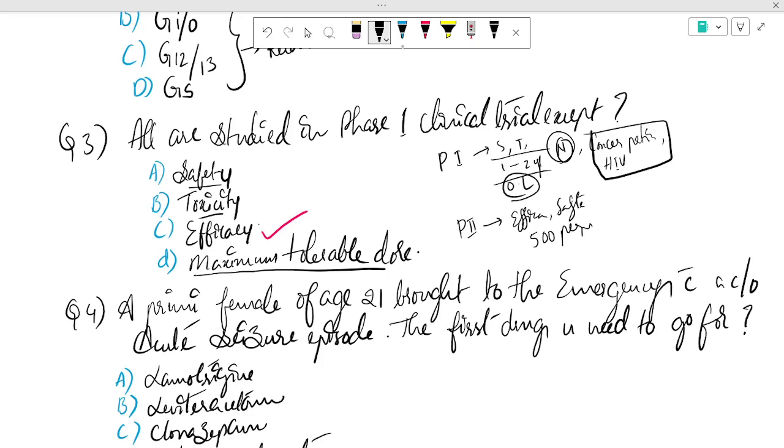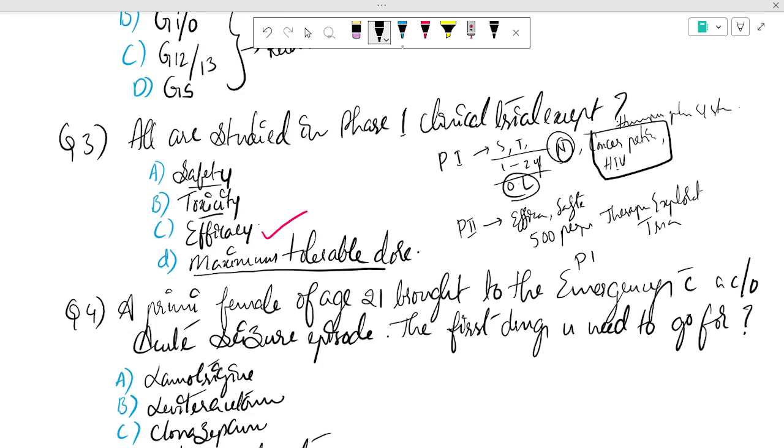And one more thing is it is also called the therapeutic exploratory trial. And phase 1 is called the human pharmacological and safety trial, right?